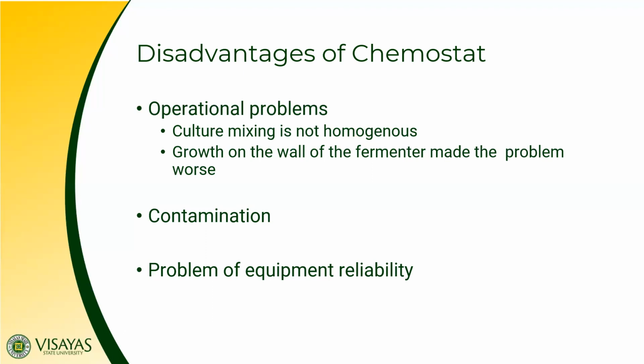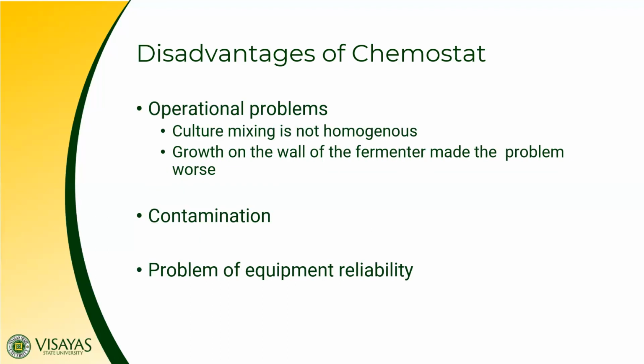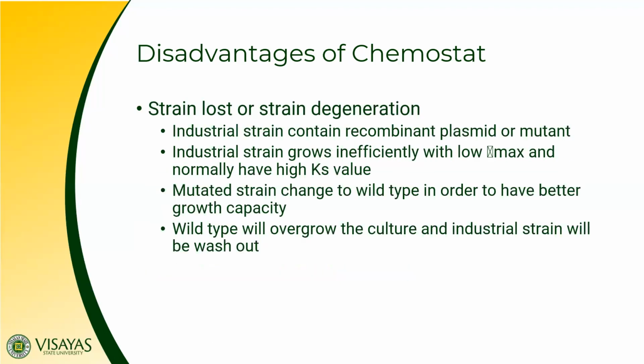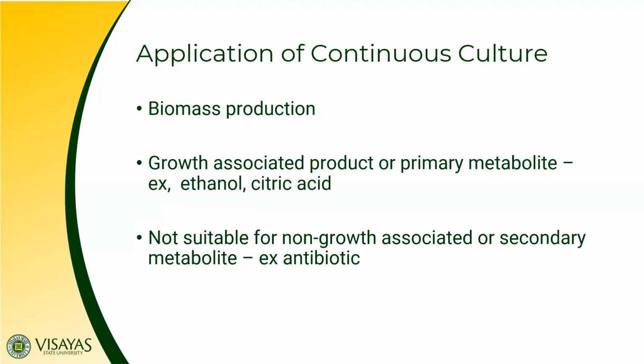We have to purchase fitted equipment for the particular microorganisms or the product that should be produced. Okay, so those are the disadvantages of the chemostat. As a summary, there can be strain loss or strain degradation, there can be operational problems, and there is the risk of contamination and equipment reliability.